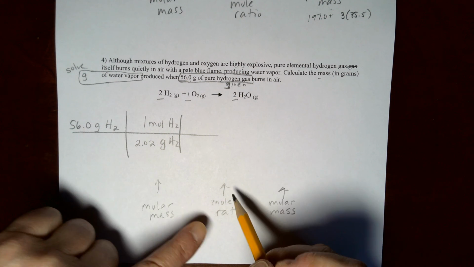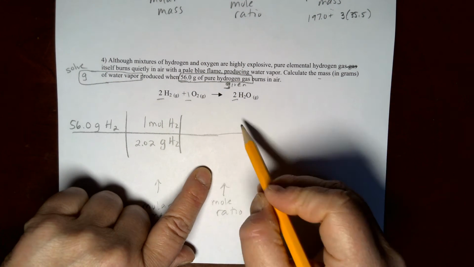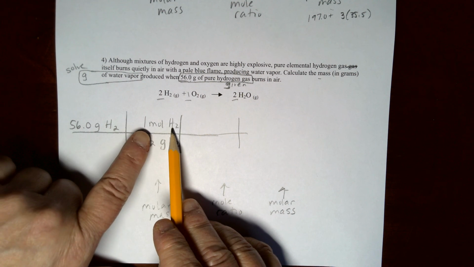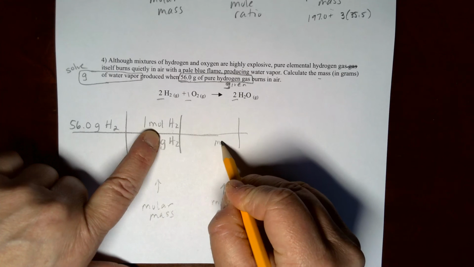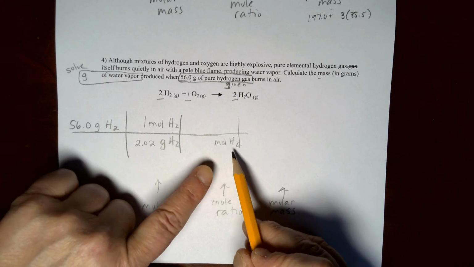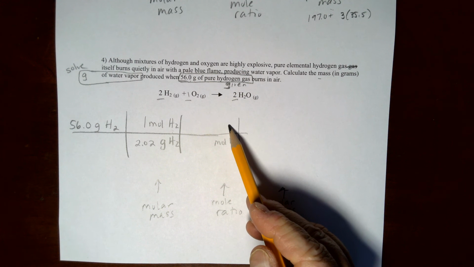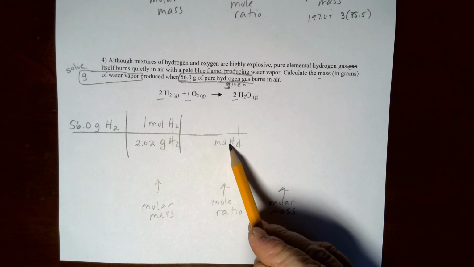Okay, our mole ratio. This conversion fraction, look at your previous fraction. Whatever unit is in the numerator, that's going to be in our denominator. So moles of H2 in our denominator. Now, here's where you might get stuck. What has to go on top? We know the H2 is going to cancel.